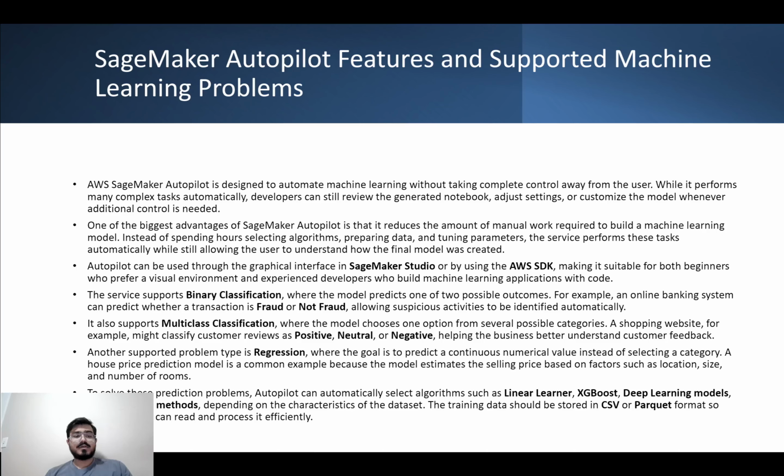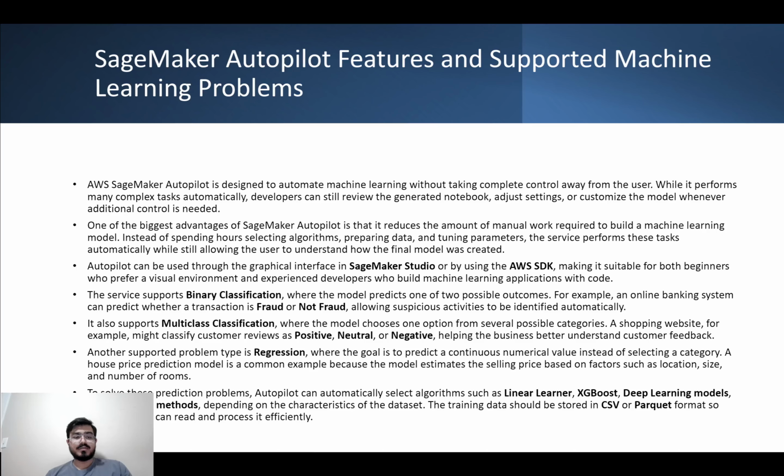So let's look at some of the important features of SageMaker Autopilot and the types of machine learning problems it can solve. One of the biggest advantages of SageMaker Autopilot is that it automates many difficult machine learning tasks without taking complete control away from the user. Although Autopilot prepares data, selects algorithms, and tunes models automatically, developers can still review the generated notebook, adjust settings, and customize the model whenever needed.